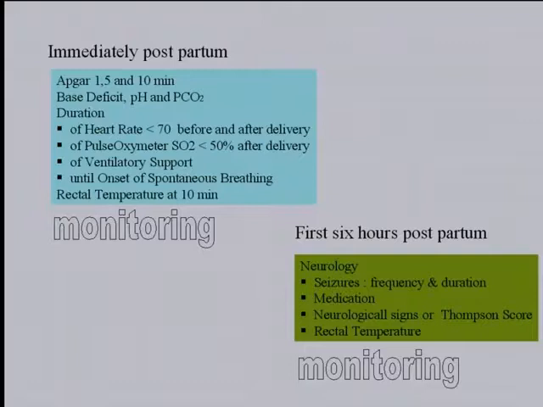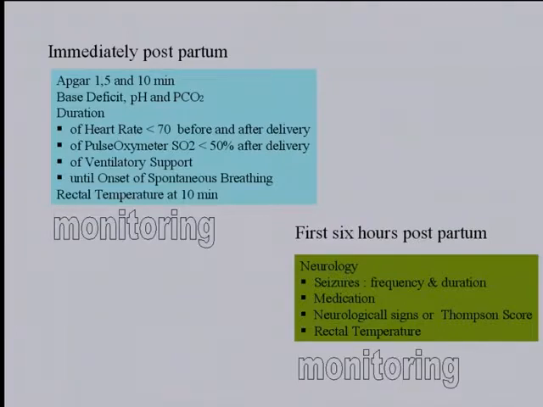You would assess the duration for how long the pulse oximeter was below 50% saturation after delivery, and how long you needed ventilatory support. This, however, implies that you check whether the baby is breathing spontaneously or not, and give it a try. The same goes for the onset of spontaneous breathing.